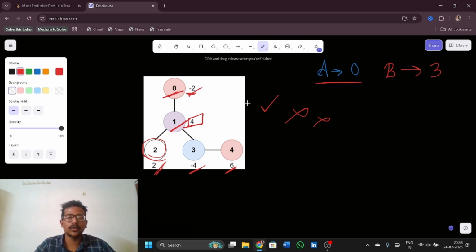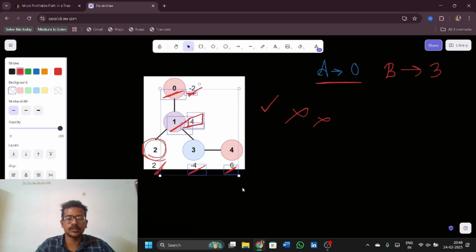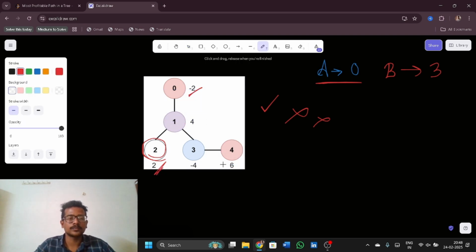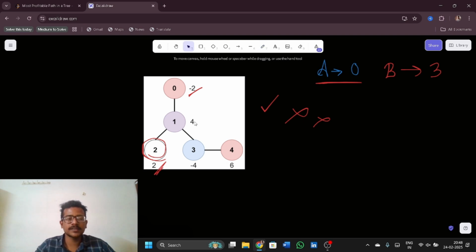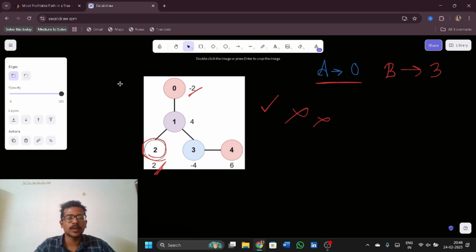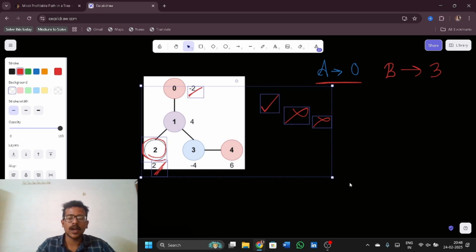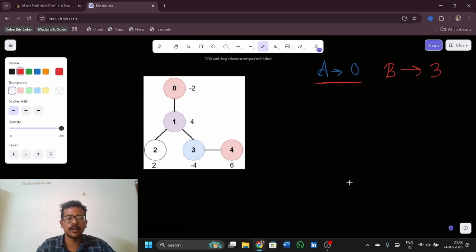So let me go through the same example which is given in this question. So here Alice starts from node 0 and Bob is at node 3.